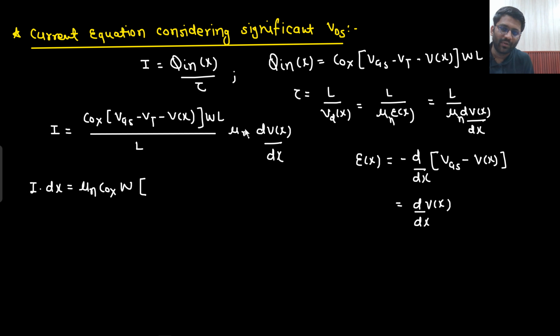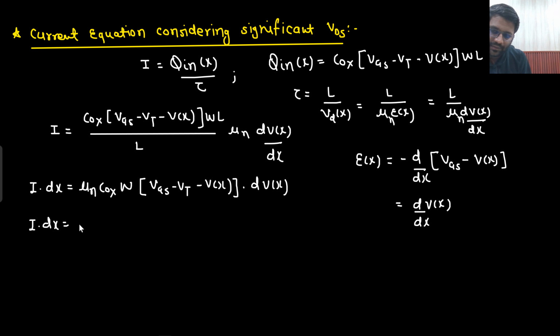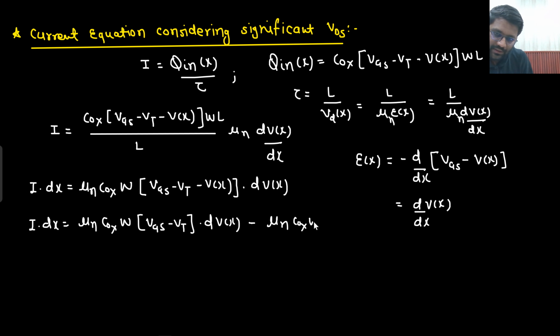So here you are getting mu n Cox W (VGS minus Vt minus Vx) into dVx. All good. So I dx equals mu n Cox W (VGS minus Vt) dVx minus mu n Cox W Vx dVx. Is that clear to you? Say yes or no.